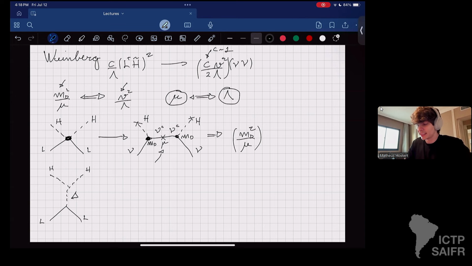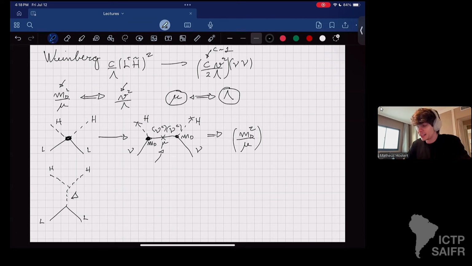In this case, we're using a full sterile neutrino, but you could imagine a different kind of fermion that comes together with other charged degrees of freedom, for instance. Those other variations are also seesaw models, and they all give rise to the Weinberg operator.